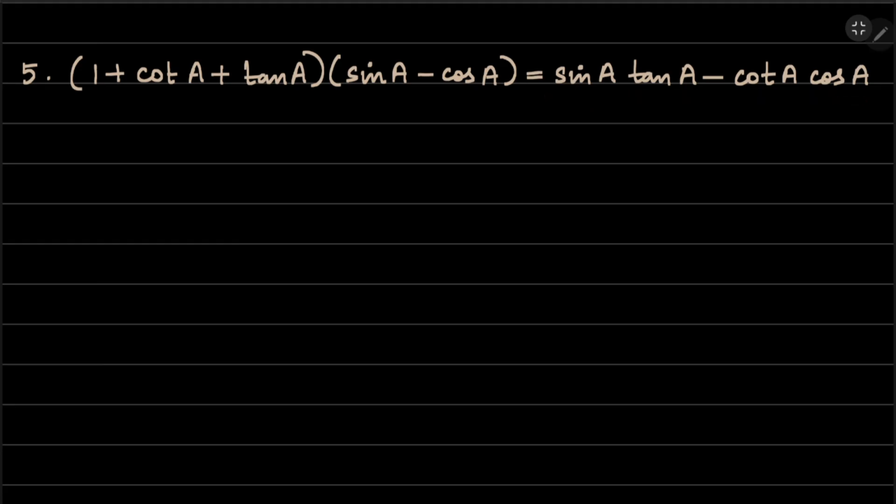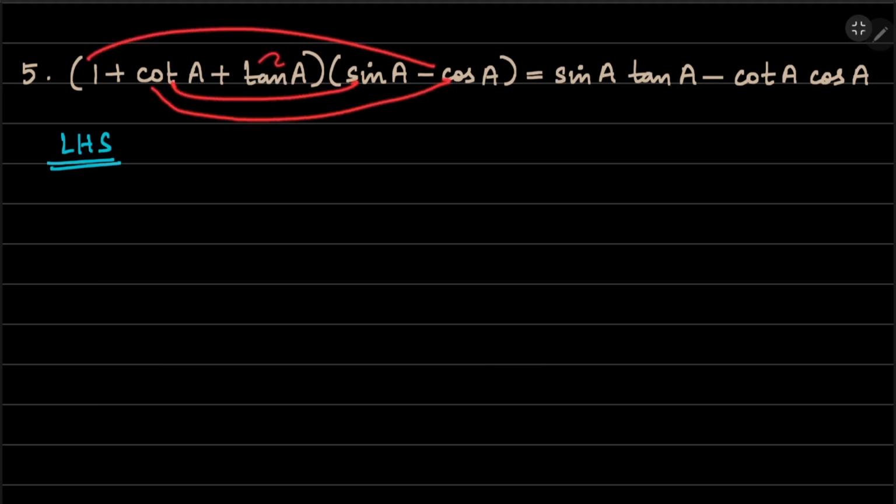The best way to do it here is, again, to convert everything into sin and cos. So take your LHS, and before that, just multiply everything. These are just the product of two expressions, right? 1 into sine, then plus 1 into minus cos, then cot into sine, cot into cos, tan into sine, tan into minus cos.